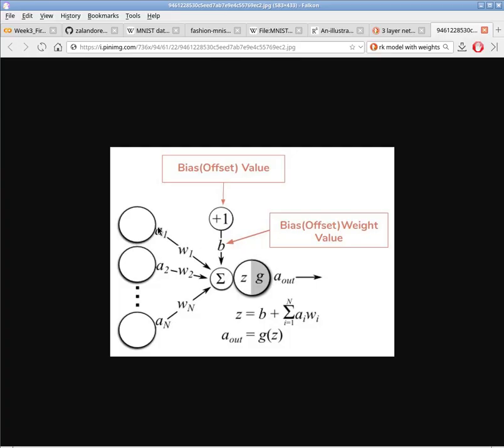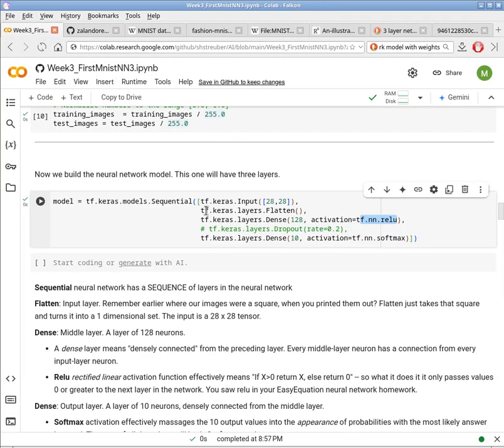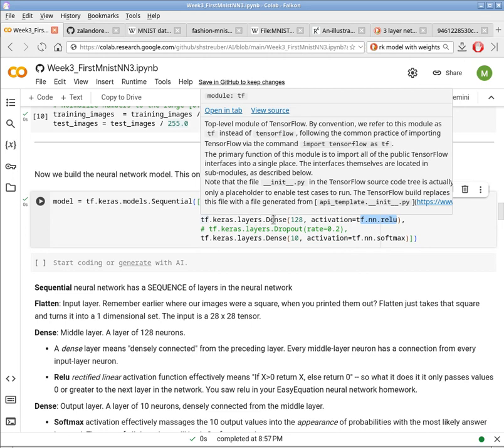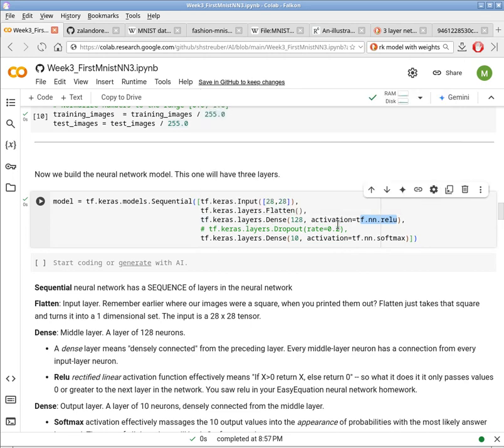All those 784 inputs coming into one neuron, 784 inputs plus one bias. All right, multiply, add them all up, and then if it's negative, nothing comes, 0 comes out, and if it's positive, the same number goes out. That's ReLU.